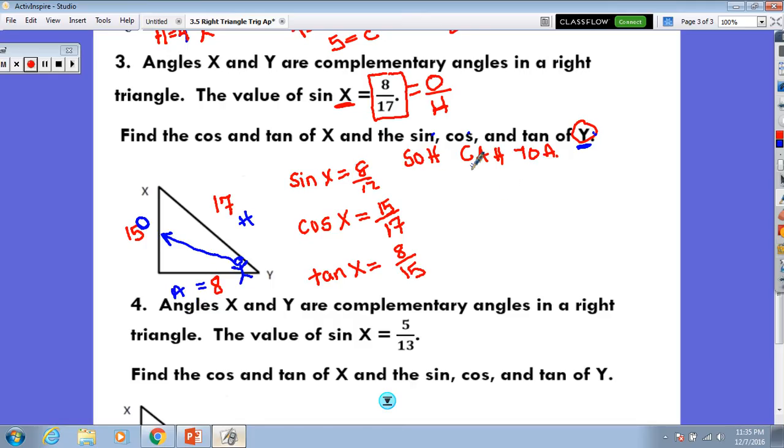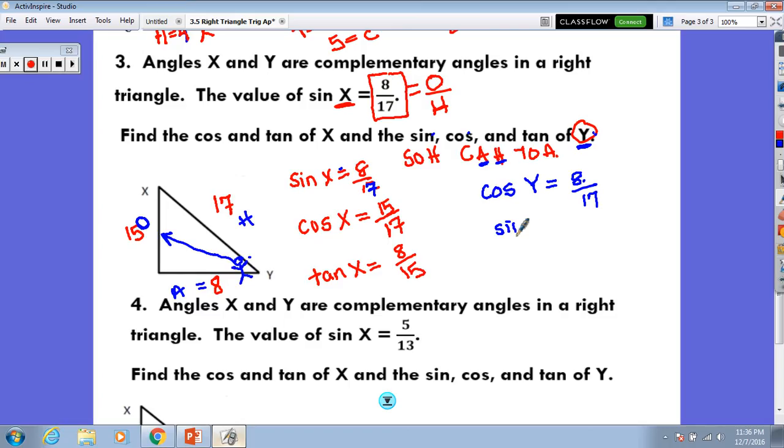Alright, so let's do our cosine. So cosine of y is adjacent over hypotenuse. So adjacent is 8 over hypotenuse, which is 17. And notice that we had the same thing here. So the sine of one of your angles and the cosine of the other will give you the same thing.